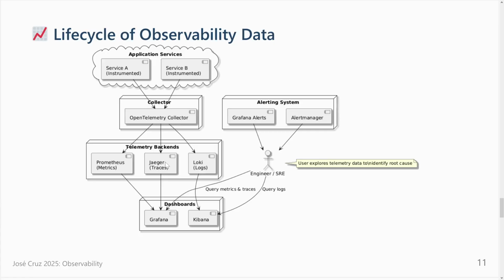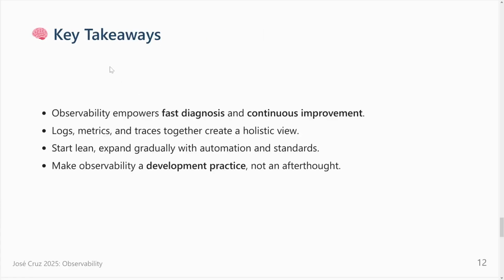So, key takeaways about this subject: observability empowers fast diagnosis and continuous improvement. Logs, metrics, and traces together create a holistic view. You need all these three to really understand the internals of a system. And again, start lean, start small, start solid.